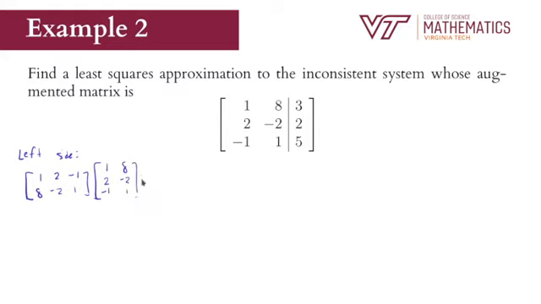One case going across, one case going down. We're going to apply the column row rule again. And we get 1, 8 times 1, 8; 2, -2 times 2, -2; and -1, 1 times -1, 1.